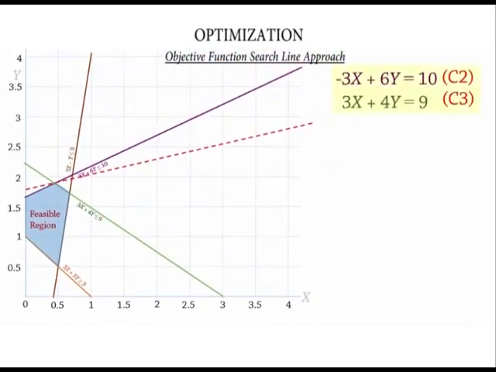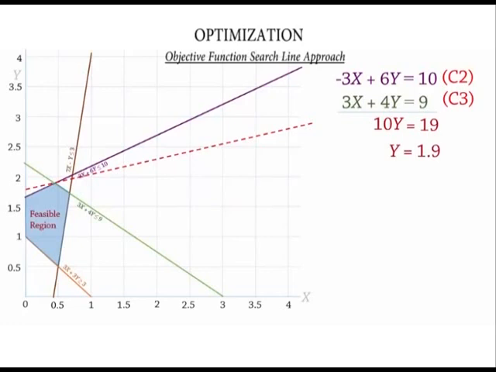These are the equations. We use elimination because the coefficients of x are 3 and minus 3. If we add the two equations, we will eliminate x. Minus 3x plus 3x is equal to 0. 6y plus 4y is equal to 10. 10 plus 9 is 19. Y is equal to 1.9.